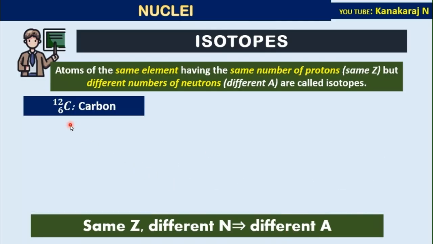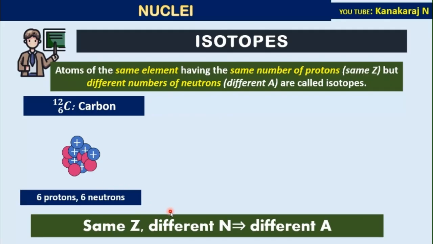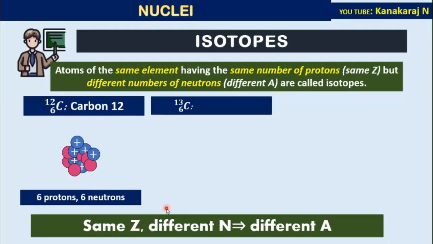Let's learn another example. Carbon 6, 12. Here there are 6 protons, 12 minus 6, 6 neutrons. Here you have the nucleus of carbon where 1, 2, 3, 4, 5, 6 protons and 1, 2, 3, 4, 5, 6 neutrons. This is one of the isotopes of carbon. Let us go for carbon 6, 13.